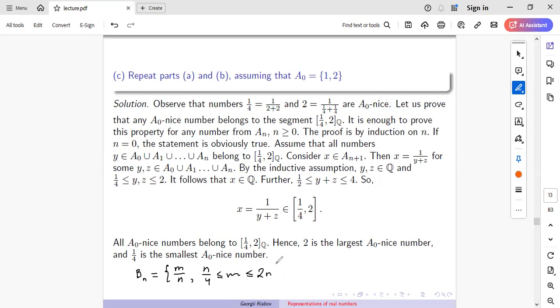And here it is not clear how to use induction, because, for example, for the case when n is even or odd, you can try, but I wasn't able to find the proper induction step.